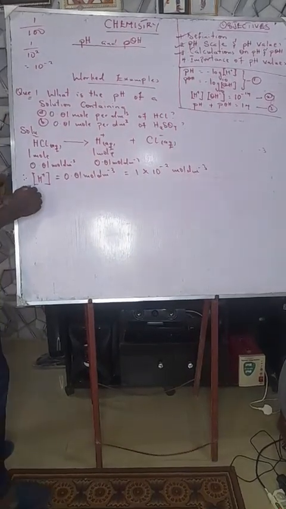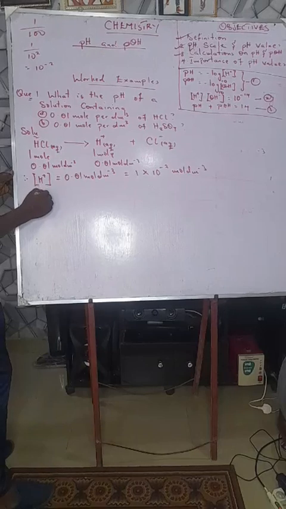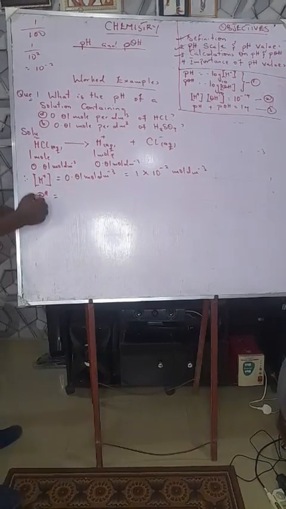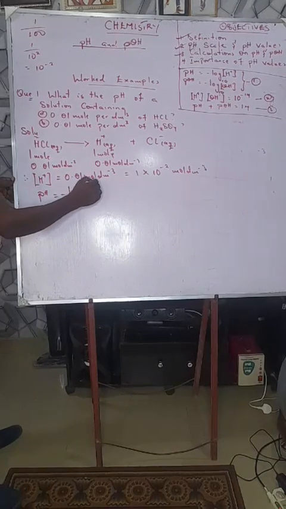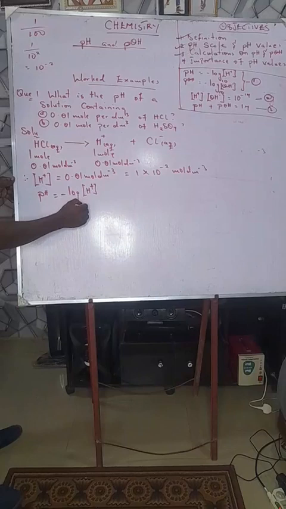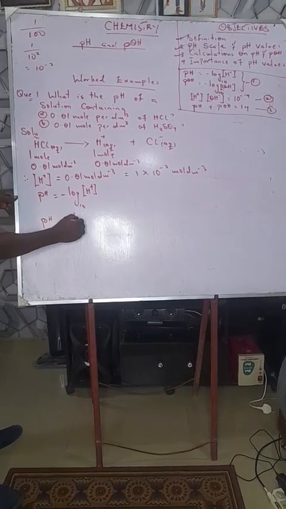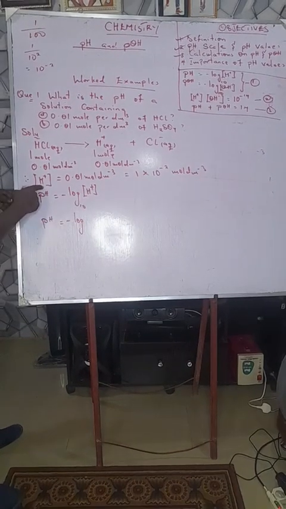What is my formula? We are told to calculate pH, which is equal to negative logarithm of hydrogen ion concentration to base 10. So we now have pH equal to negative logarithm of, what is the value of my hydrogen ion concentration?